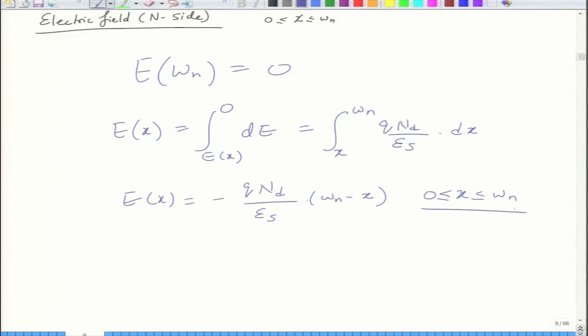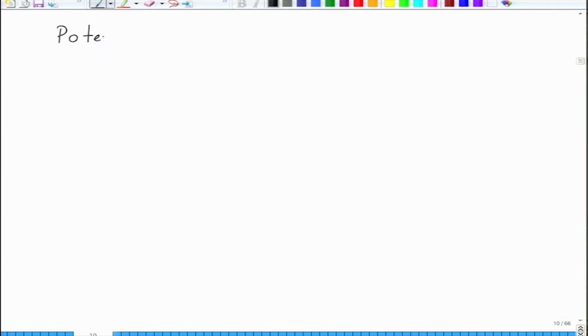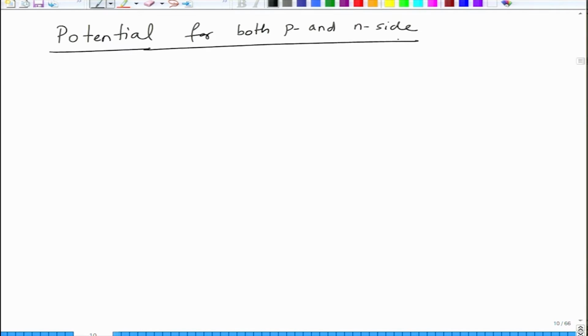So this is how we calculate the electric field, and next we look at the potential across the depletion region, from the edge of the depletion region on the p side to the edge of the depletion region on the n side. So we know that d phi by dx is equal to minus E(x). Again, you can do this by integrating.